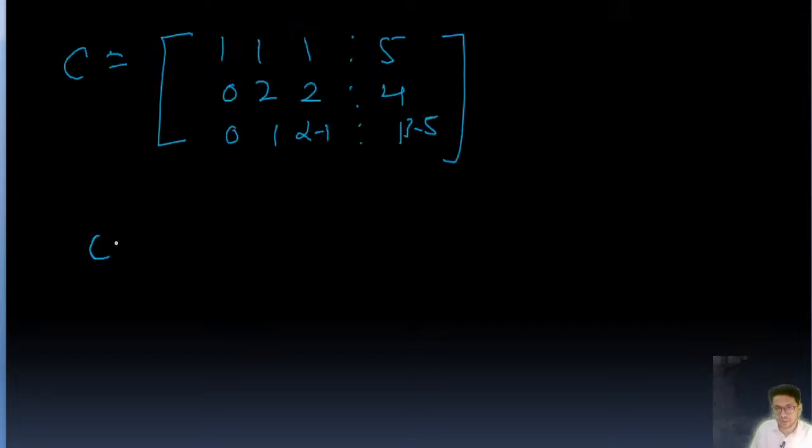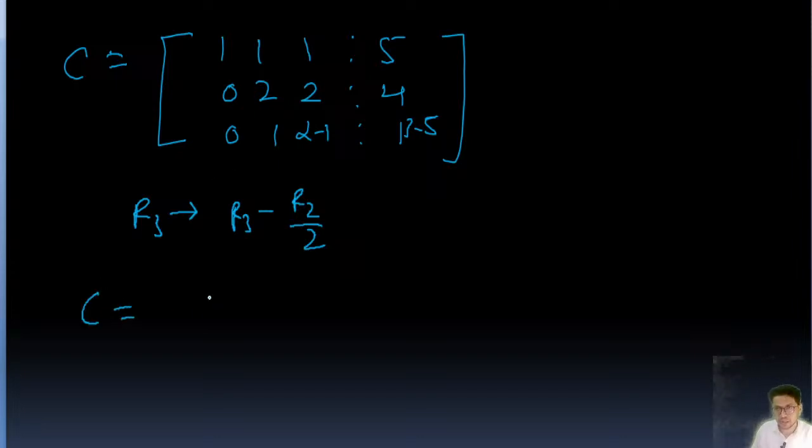Next operation, again we'll do the operation because now we have to make this also 0, right? So this is going to be R3 tends to R3 minus R2 by 2. If you do that, this term is also going to be 0.